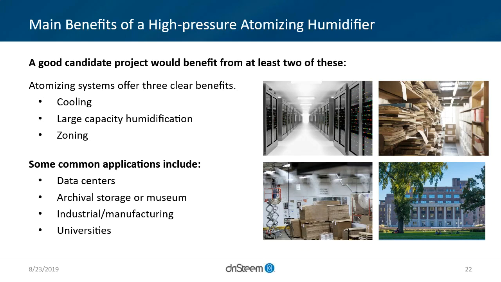I have a very specific example of 2,500 pounds an hour, where that would take several traditional gas to steam or electric to steam humidification units, where one generator in that instance can provide that humidification need.